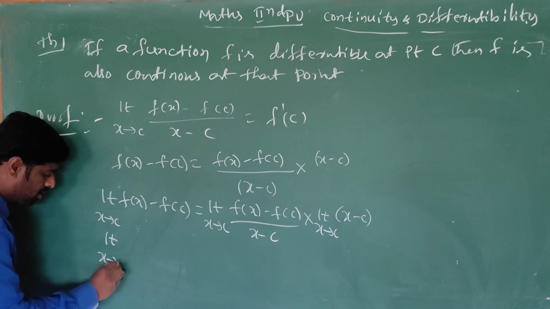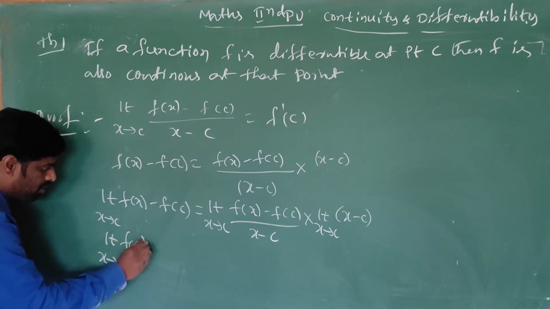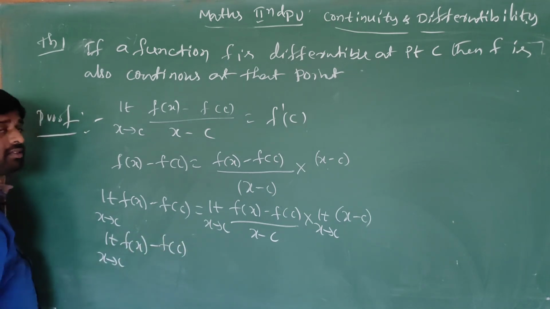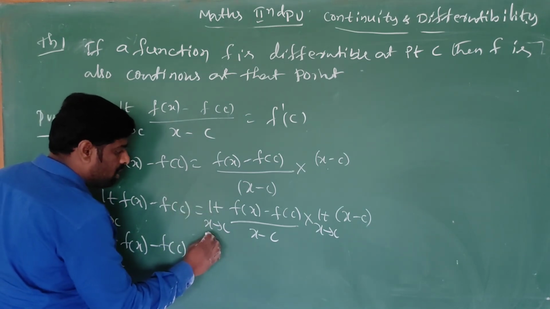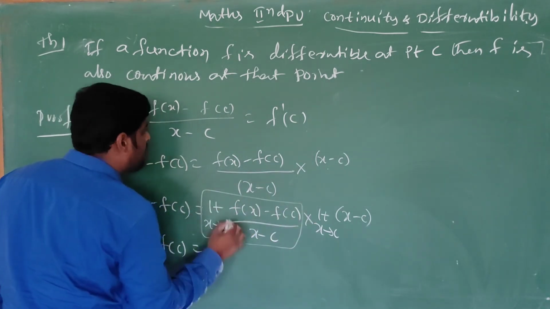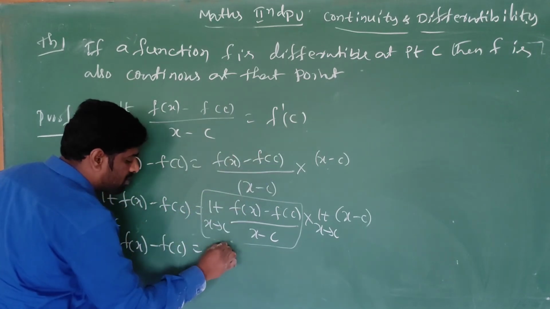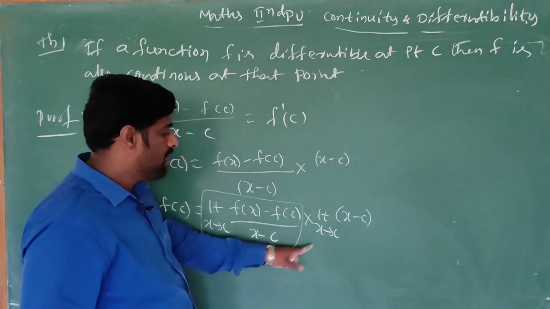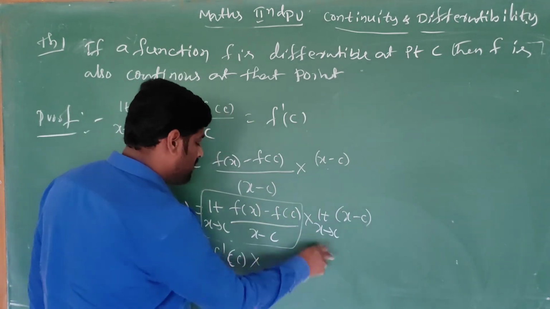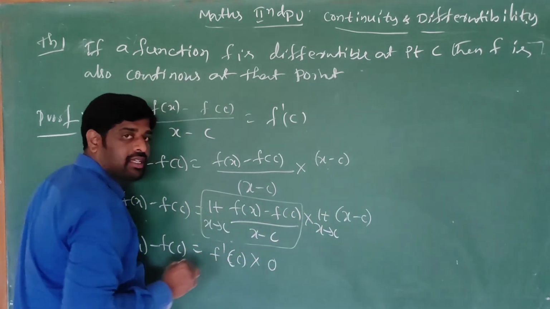Limit x tends to c, f of x minus f of c equals this value, f dash of c, into what is the x value? c. c minus c is 0.